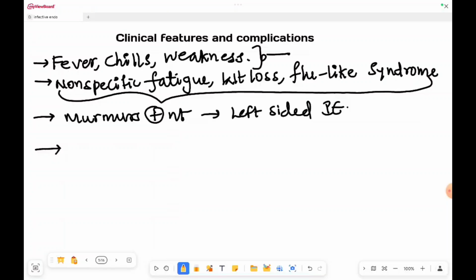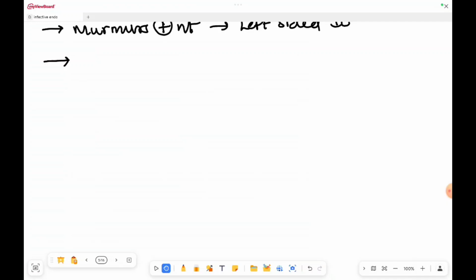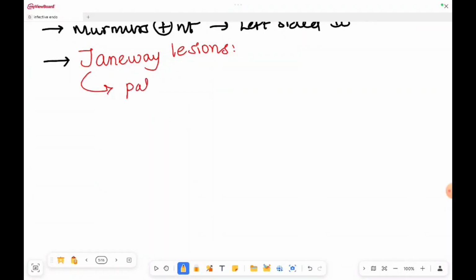So now we will see about characteristic lesions of infective endocarditis. So there are Janeway lesions. Janeway lesions occur on palms and soles. These are hemorrhagic, non-tender lesions.